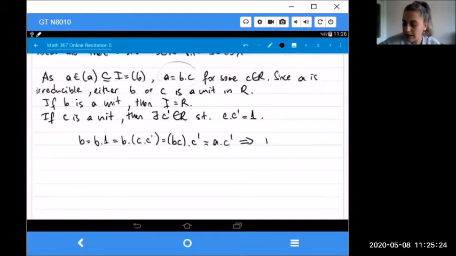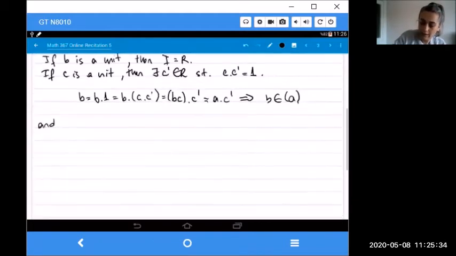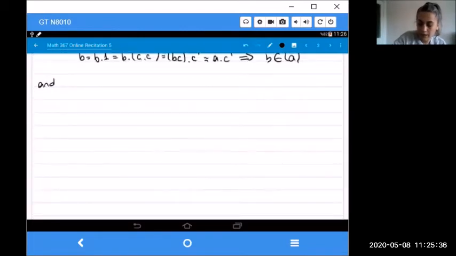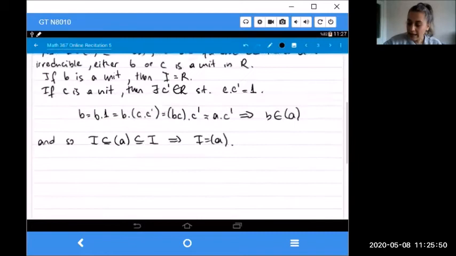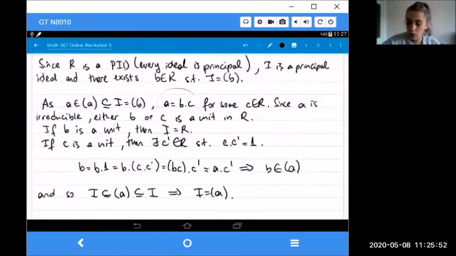So this means that B lies in the ideal generated by A, and so all of the ring I lies in the ideal generated by A. And we have the other side of the equality already. So this means that I is equal to the ideal generated by A. In each case, we have reached the conclusion.